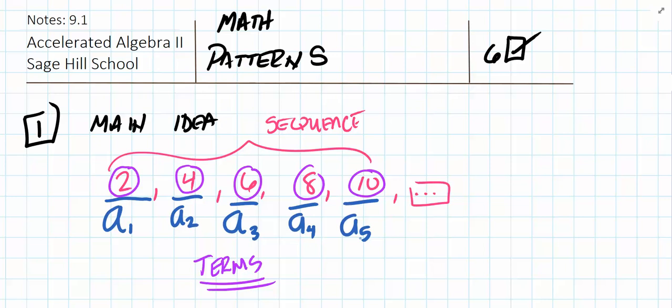This is an important part. This is called a subscript, and it's how we describe terms in the sequence. So the fourth term is denoted by the number right down here.